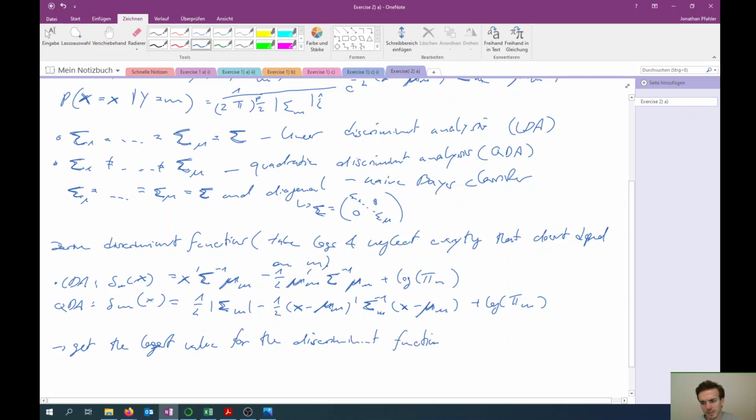Depending on which one you use, LDA or QDA, which depends on your sigmas, this will get you the highest likelihood and therefore the class with the highest probability.